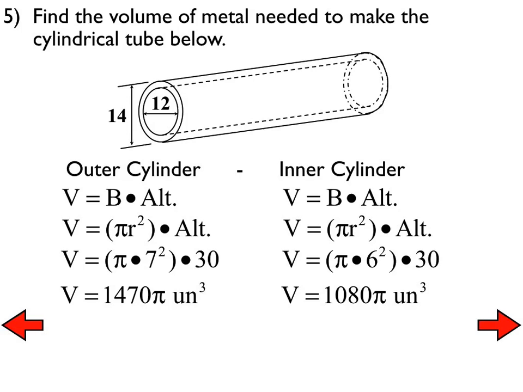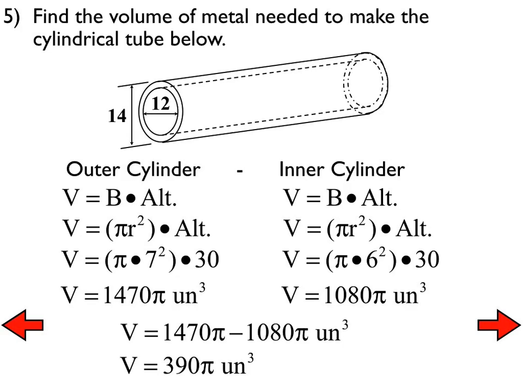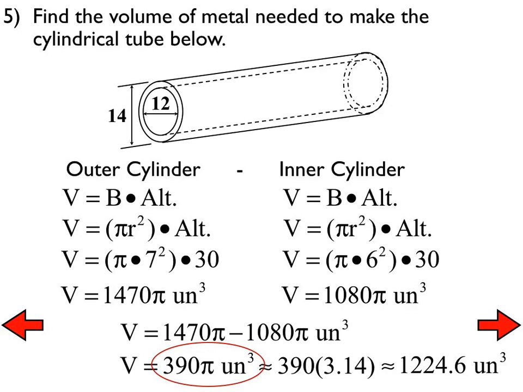The reason why I leave it in terms of pi is that now I'm going to subtract those two like terms. 1470 pi, take away 1080 pi, leaves me with 390 pi. Doing it that way, I only have to deal with a decimal one time, and that's right now. And when I multiply that out, it should be 1,224.6 cubic units.